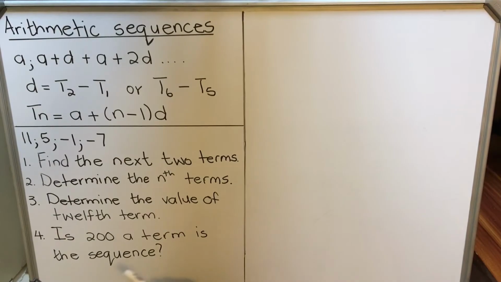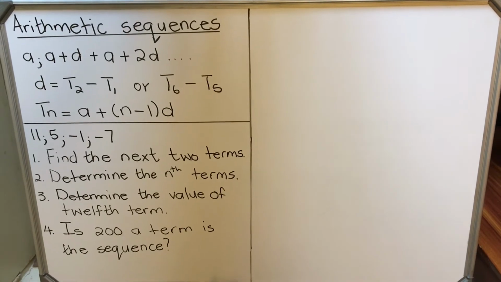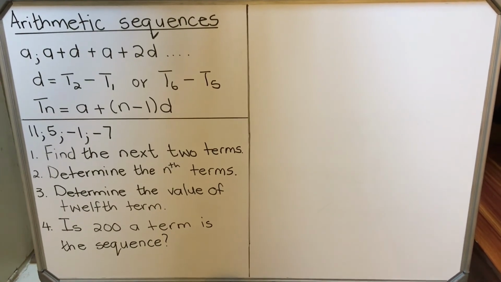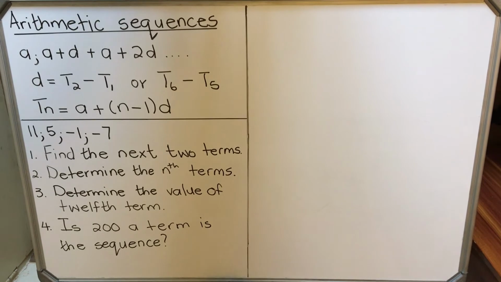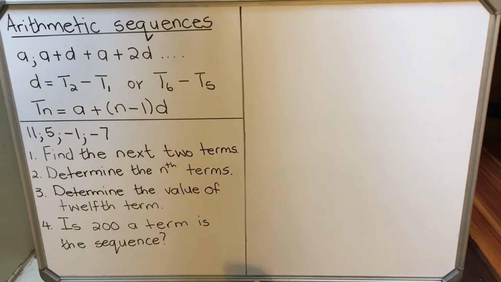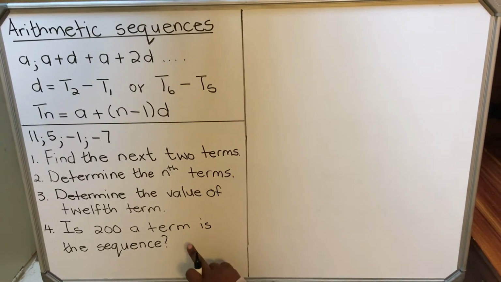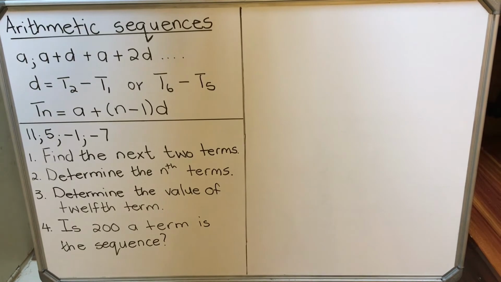The next question says, is 200 a term in the sequence? When they ask you if it's a term in a sequence, your n must always be a whole number. It cannot be a fraction. It cannot be negative, because n is the position in the sequence.